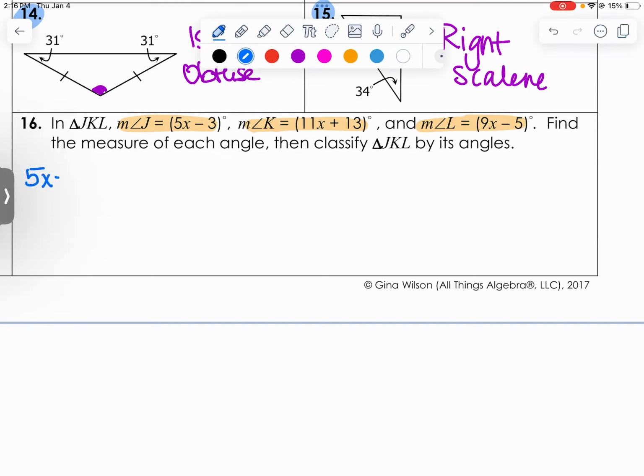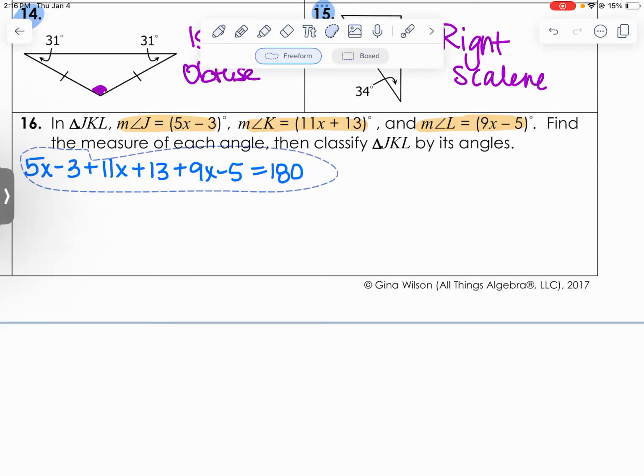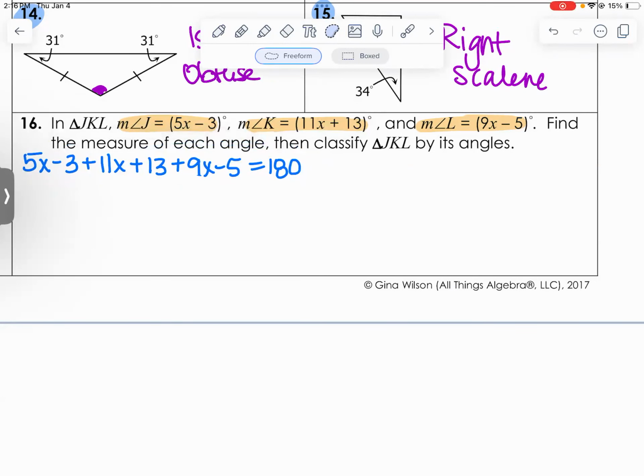We know that they add up to 180 degrees. So I'm going to take the sum of those three angles and set that sum equal to 180 degrees.